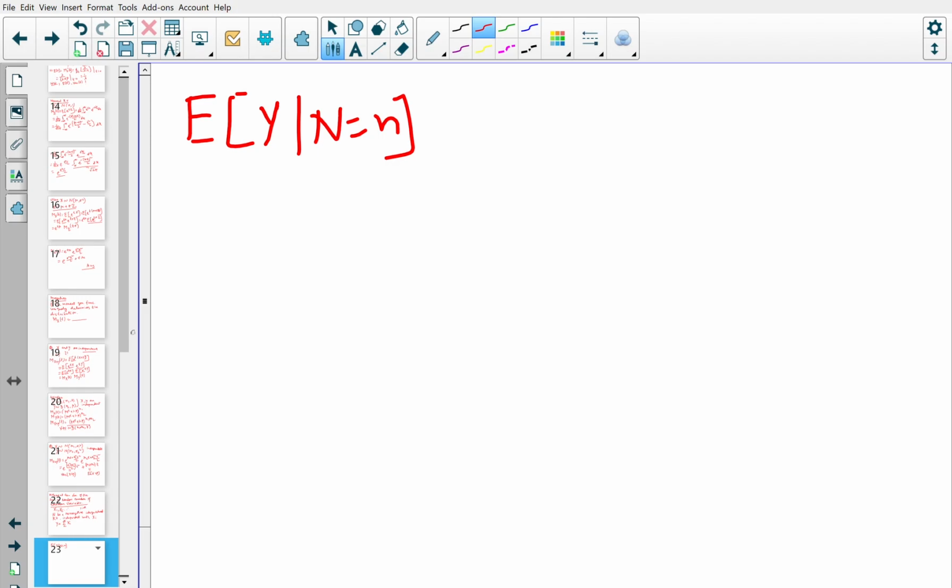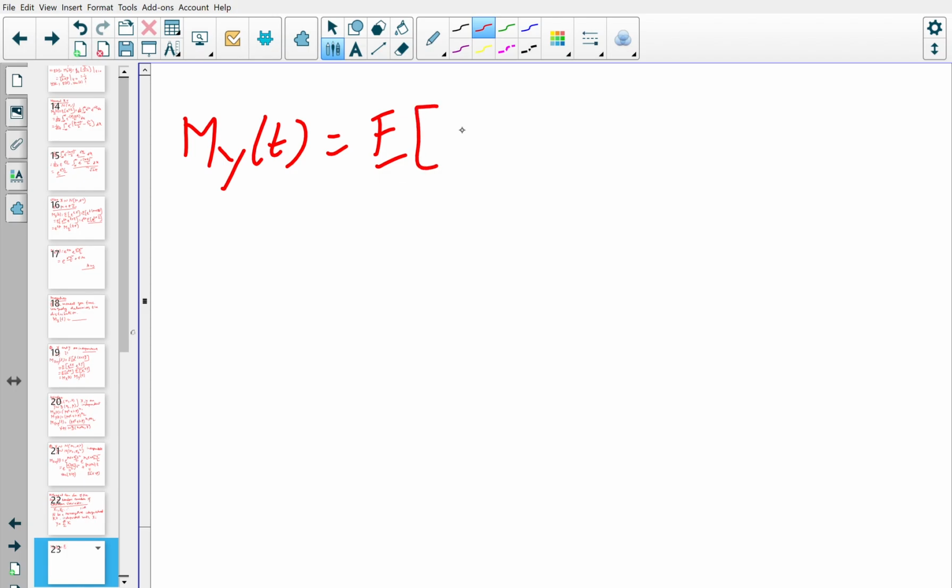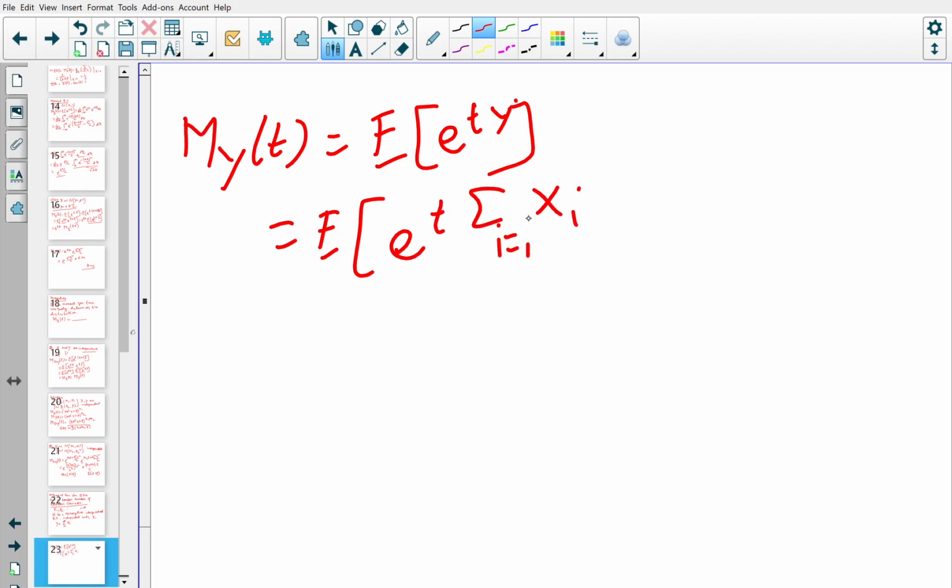So I need to find M of t, which is the expectation of e power tY, which is the expectation of e power t summation Xi, i equal to 1 to capital N, which is also a random variable. So we will try to find this out.